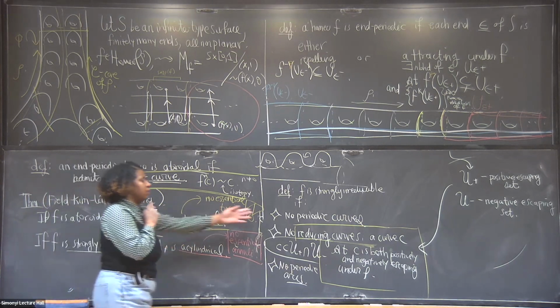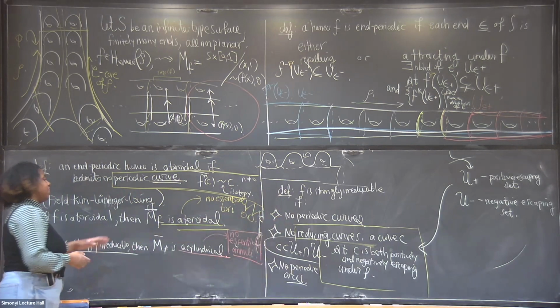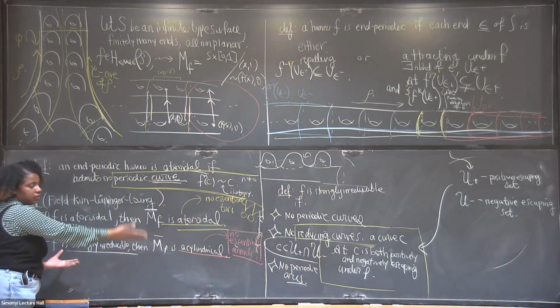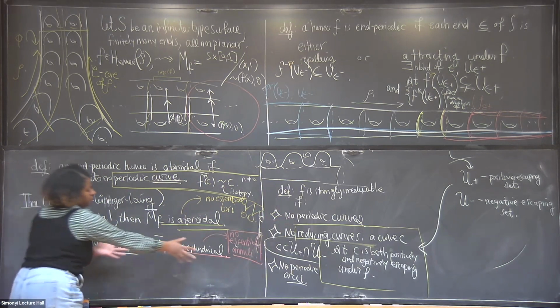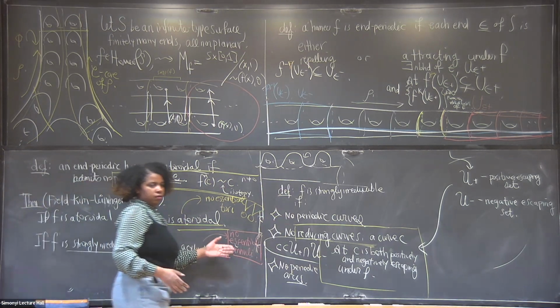If it has one of these conditions, if it's not strongly irreducible, then it has one of these conditions, and those are the conditions that give me annuli. So the converse is actually a more direct way of saying it. This is the stronger way.